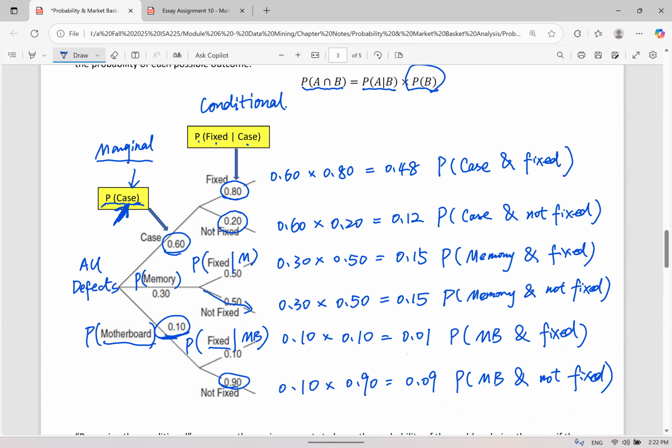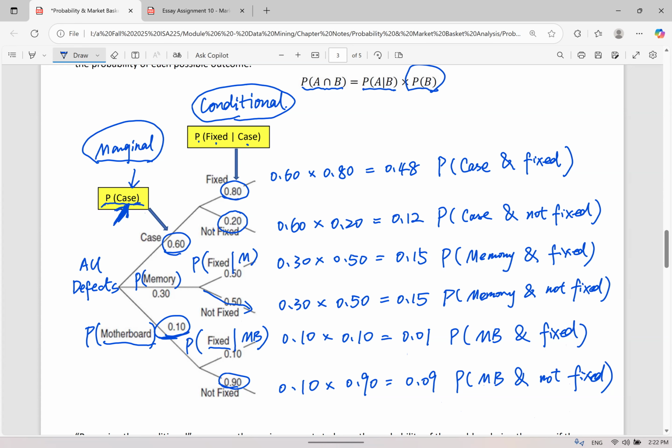Question? All right, so now we have a detailed structure of a probability tree. We start with a marginal probability, and then based on each case, we have a detailed conditional probability, based on different conditions.